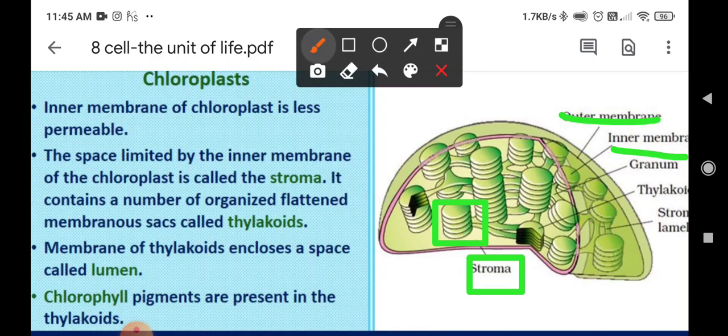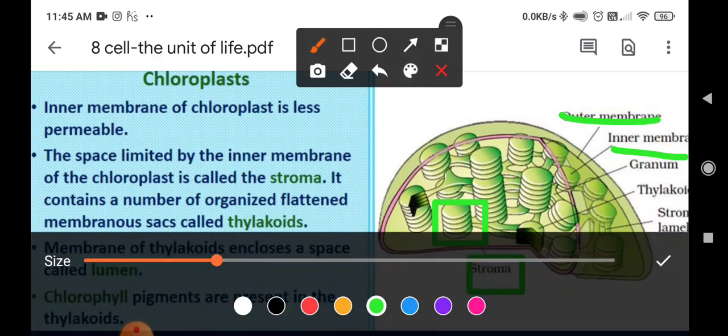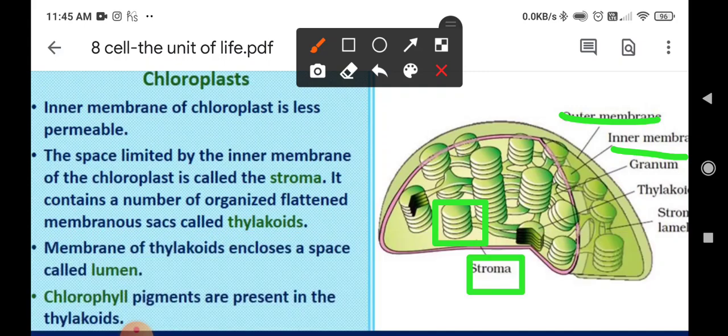Each coin like structure is known as thylakoid, and a pile of these structures is known as granum. So this whole pile is known as granum. Just imagine one flat coin like structure is known as thylakoid.